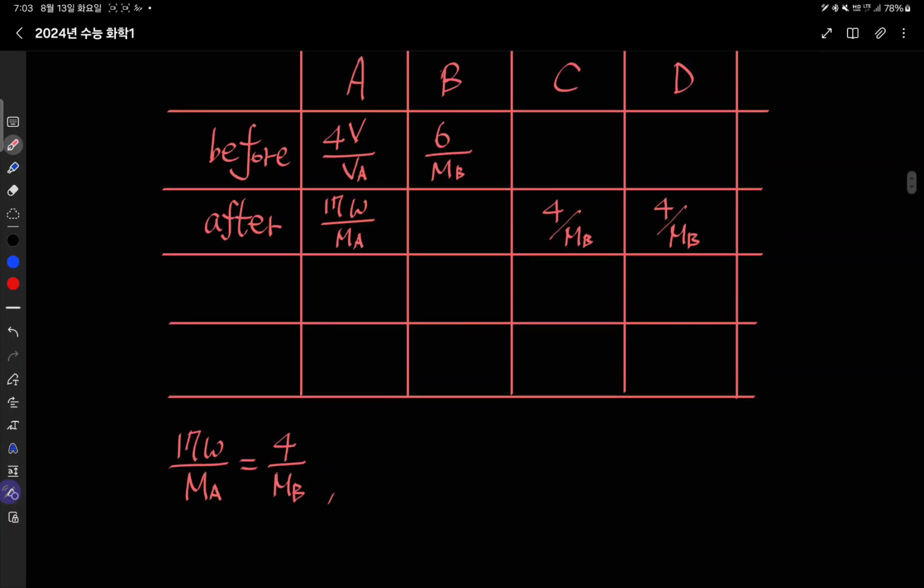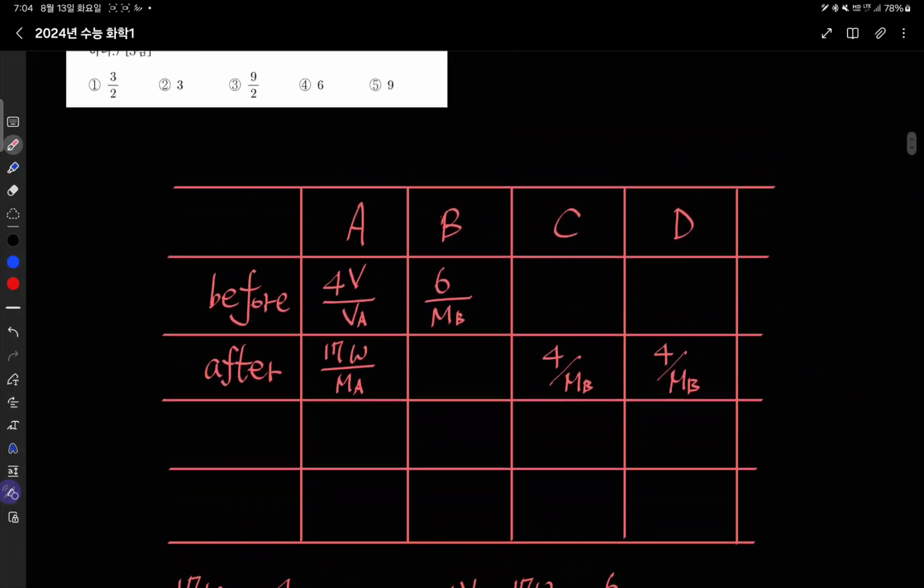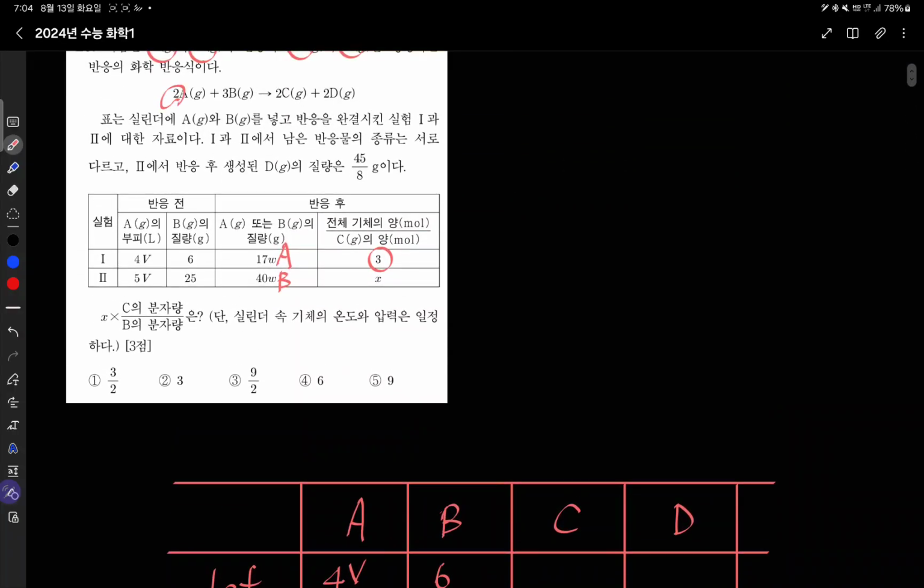And the amount of A participating in the reaction from the first experiment is the difference in the amount before and after the experiment. So subtract the leftover from the initial amount, and then the amount of B. This ratio is 2:3 from the chemical formula.